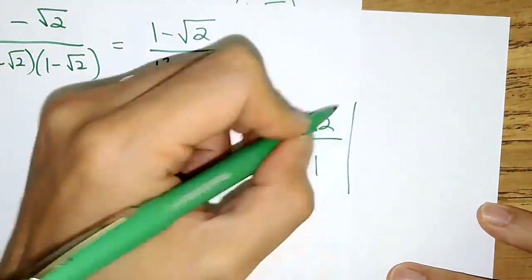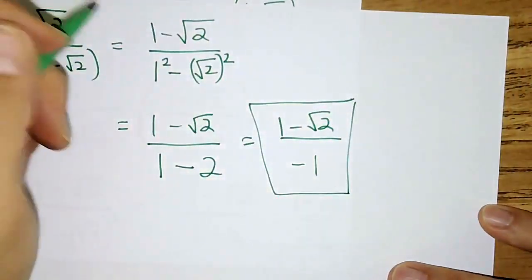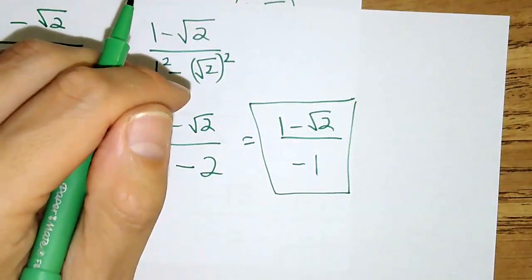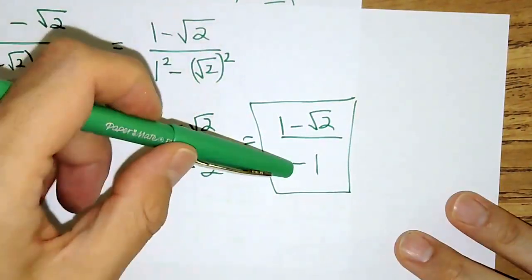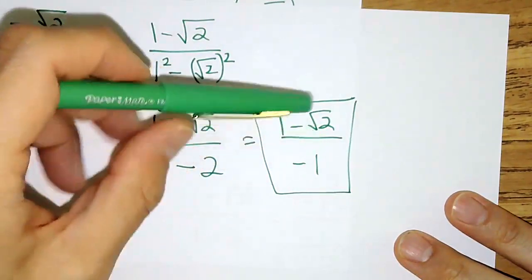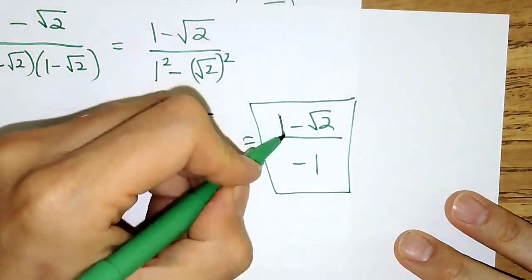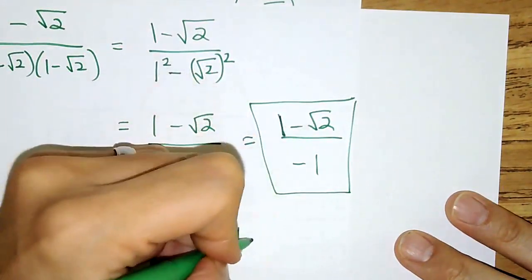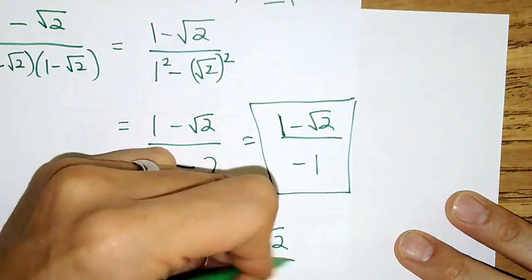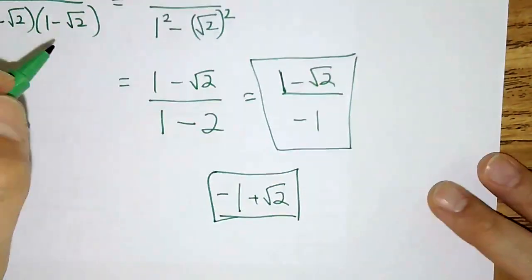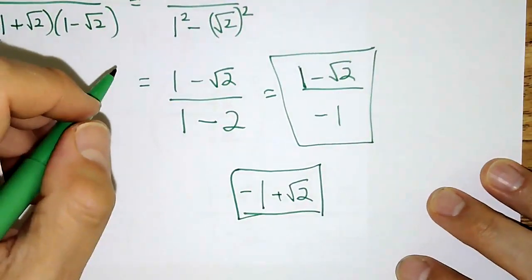I can leave it like this for sure, right? But taking a step further, if I divide anything by a negative 1, the sign just flips, okay? So this positive 1 becomes negative 1. This minus square root of 2 becomes a positive square root of 2, over nothing because it's just in there. So that's my answer, okay?